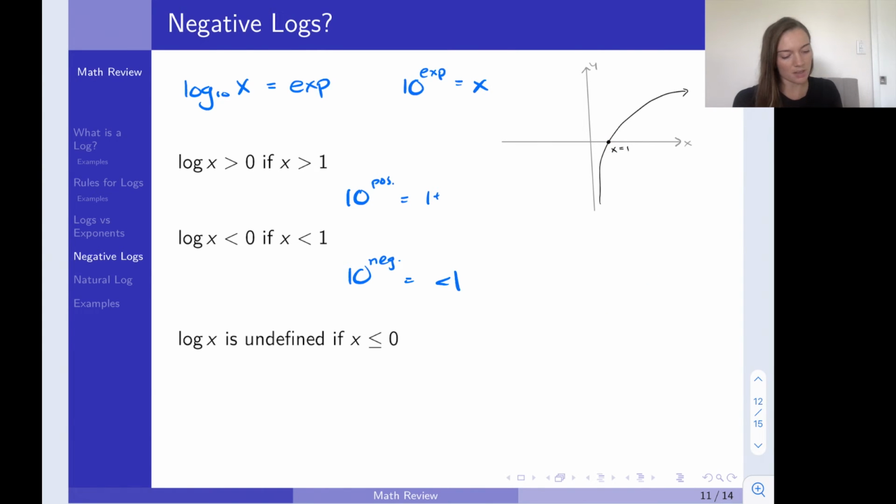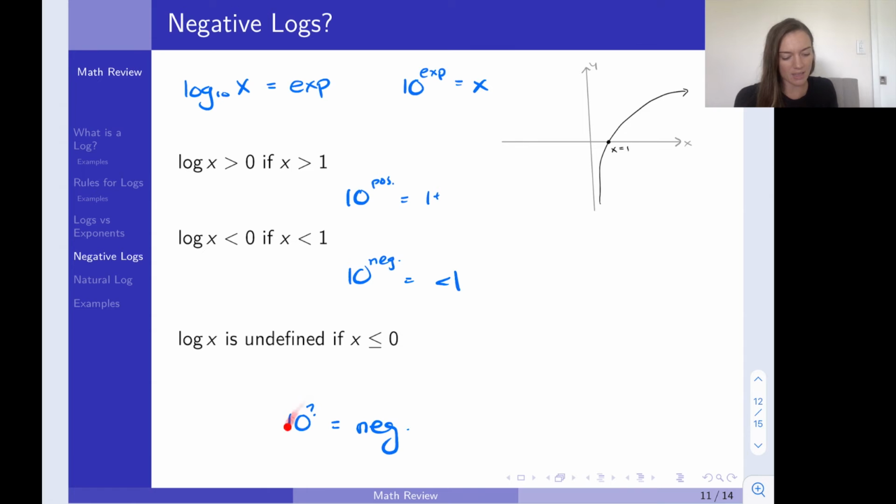We also see that there's nothing on the left side of the graph. If we take the log of -4, that's undefined. Logs of negative numbers are undefined, because if I do 10 to some exponent, how can I get a negative number from that?